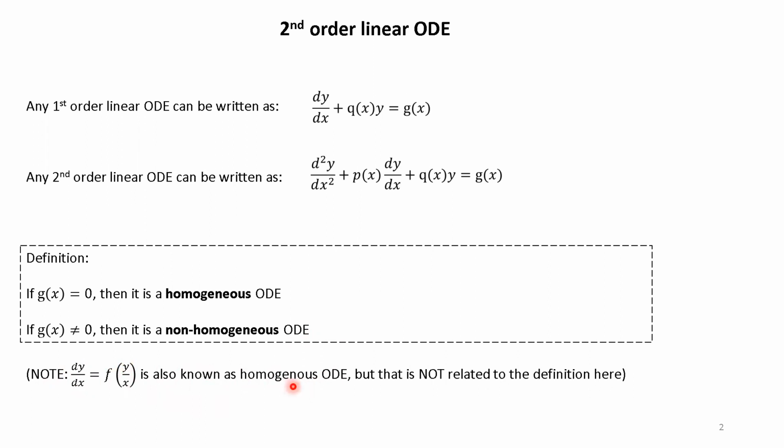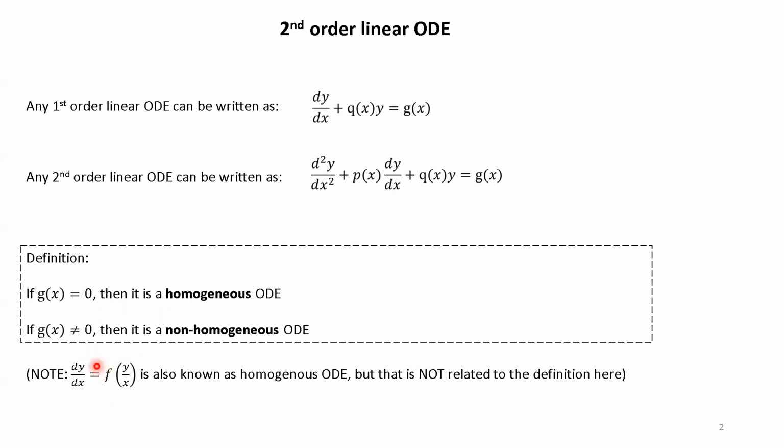But notice that the homogeneous ODE I'm talking about here has nothing to do with this. Why did we call that type of equation a homogeneous ODE? Because it involves a homogeneous function, so that's why that type of ODE is called homogeneous ODE.